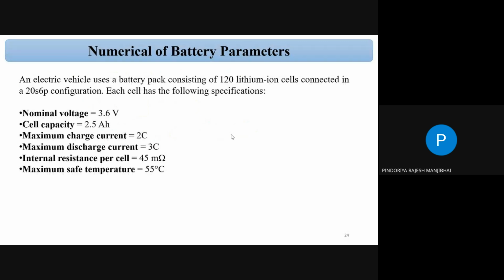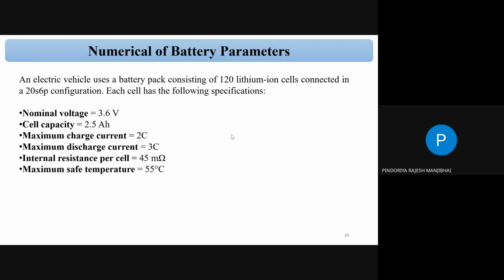Okay. Second numerical, we have to see in the electric vehicle. An electric vehicle uses a battery pack consisting of 120 lithium-ion cells connected in a 20S6P configuration.